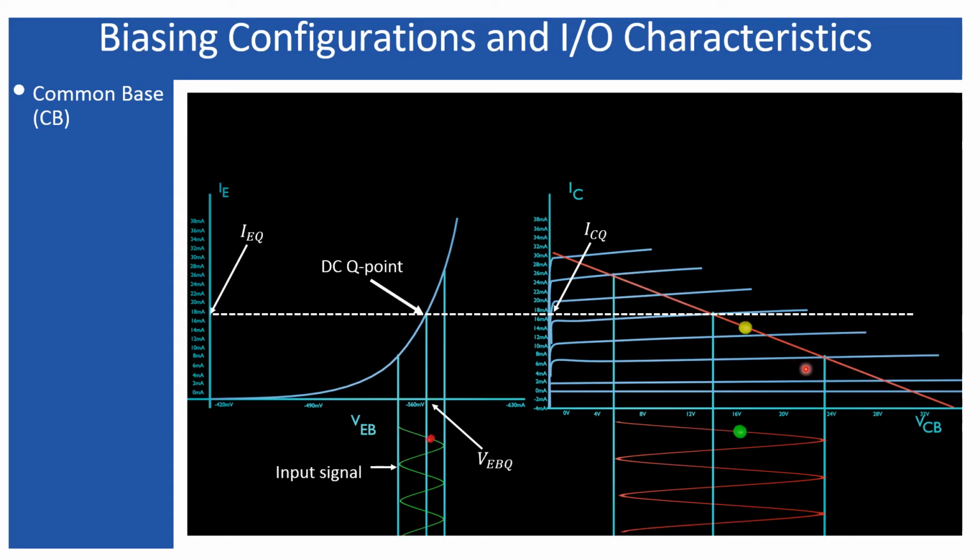So the output characteristics will oscillate within this range. As a result, the intersection between the output characteristics and the load line defines the Q point on the output characteristics. So this is the DC Q point which should appear over here. That Q point will oscillate around the DC Q point as shown over here, as shown in the animation. Now the variation of this Q point on the output characteristics is going to define the variation of the collector to base voltage, which is the output voltage.